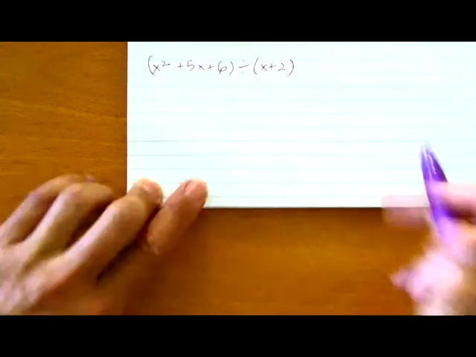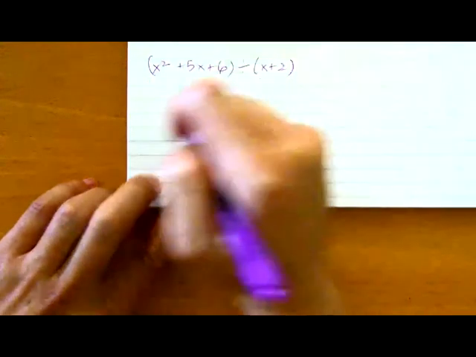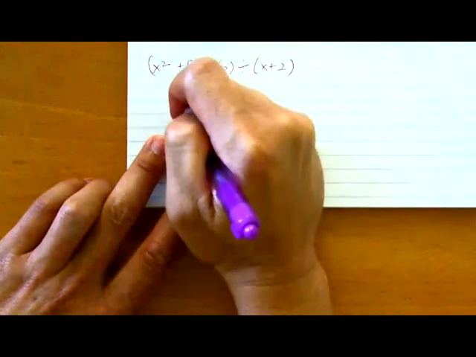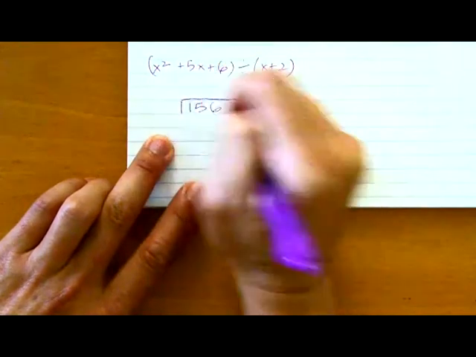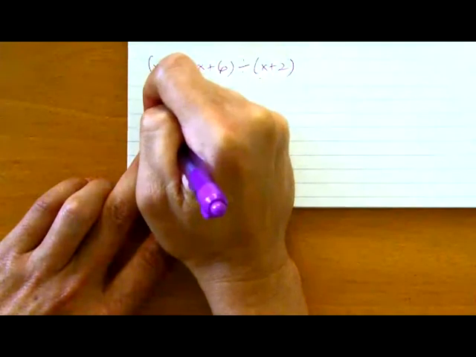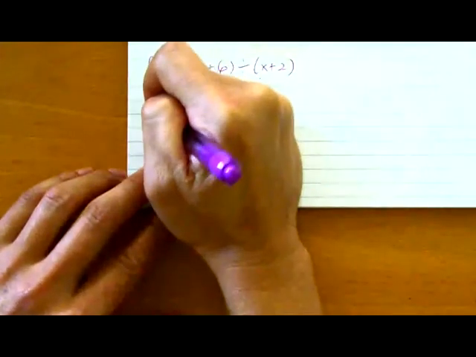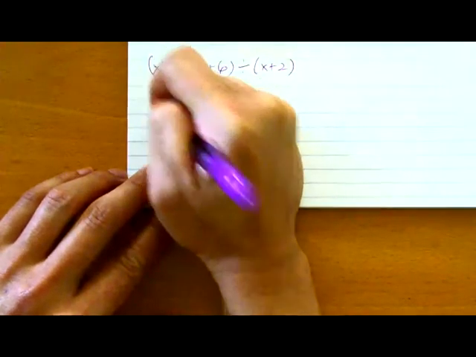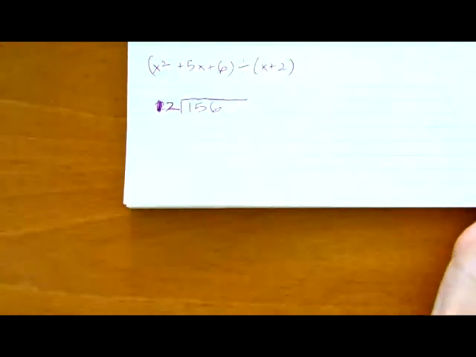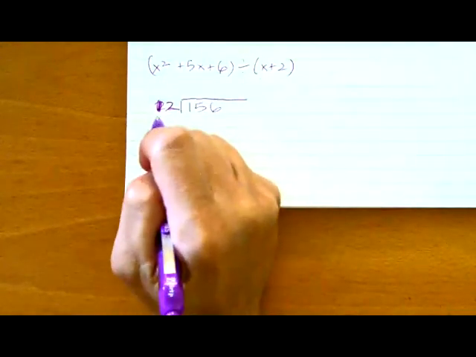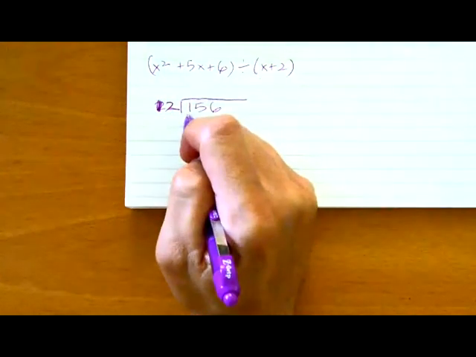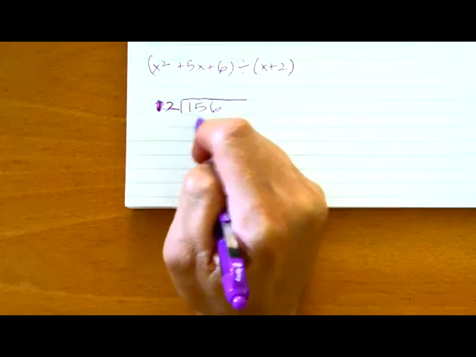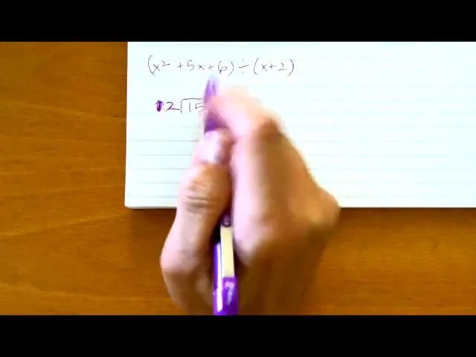Okay, let me show you an example. Something that you're more familiar with. 156 divided by 12. Okay, now, here's how we do this. Something times 12. How many 12s are there in 15? 1.